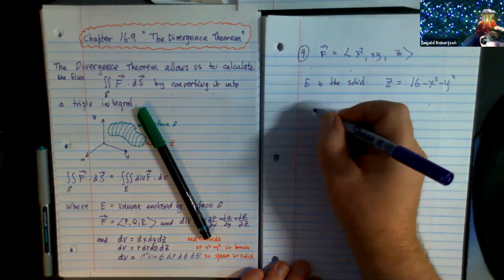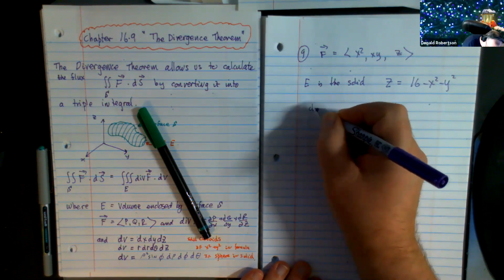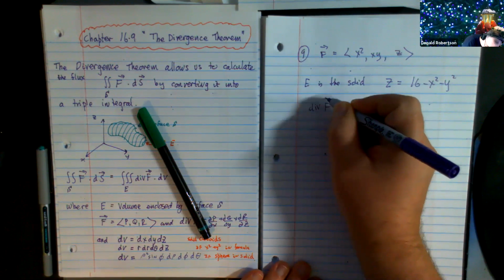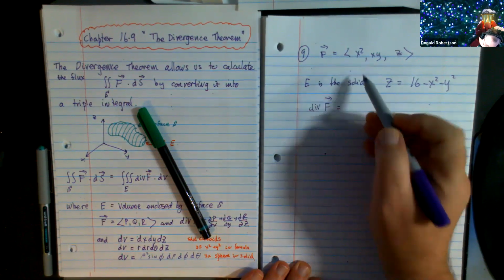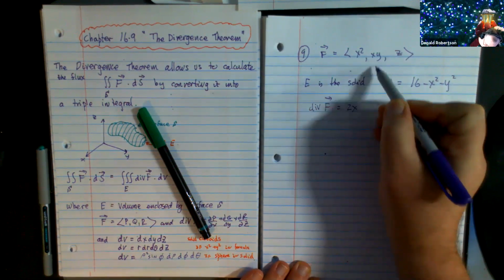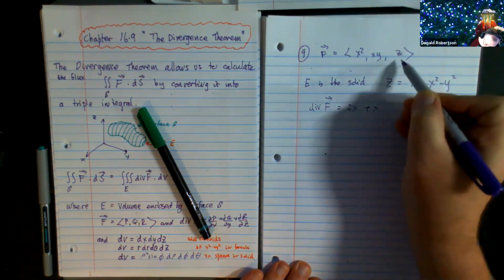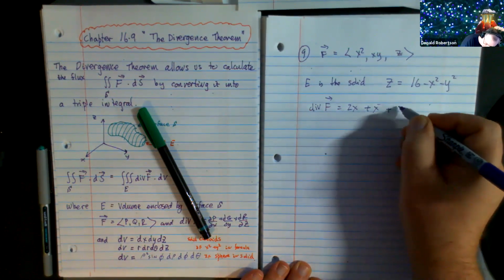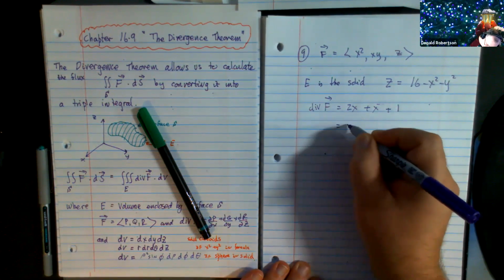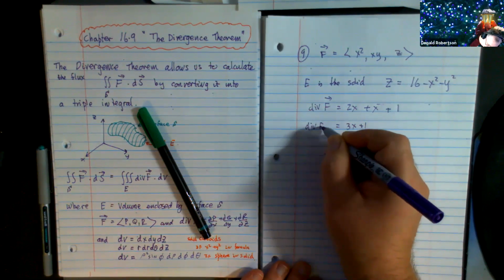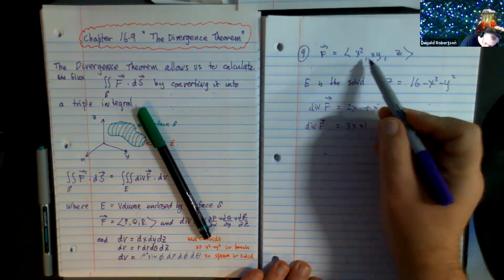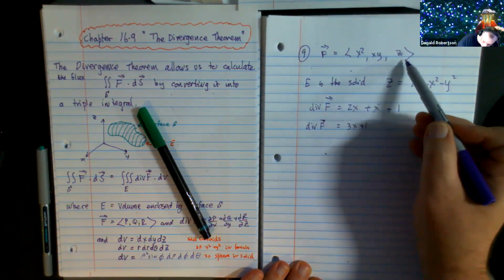So I'll stick to my little rule just in case this one is going to be a zero guy. I strongly suspect it's not. If you differentiate that with respect to x, with respect to y, and with respect to z, it looks like you get 3x plus 1? Double check that: 2x, x, and 1. Looks good?